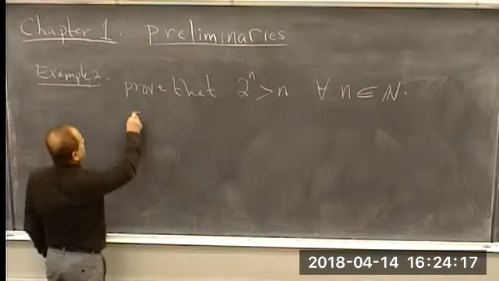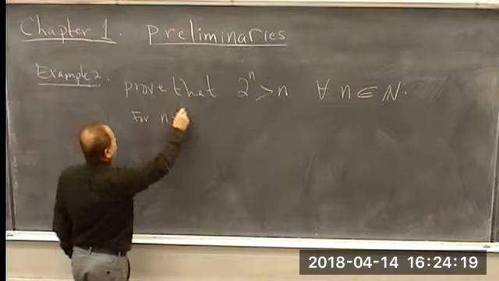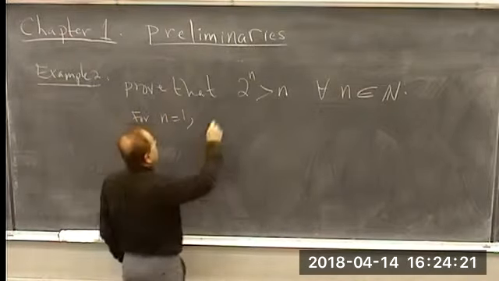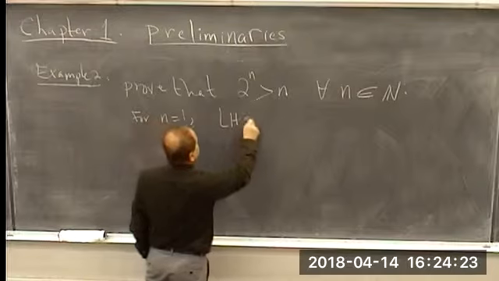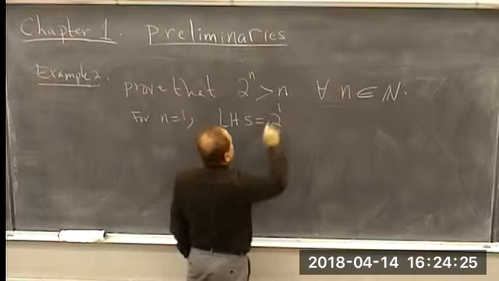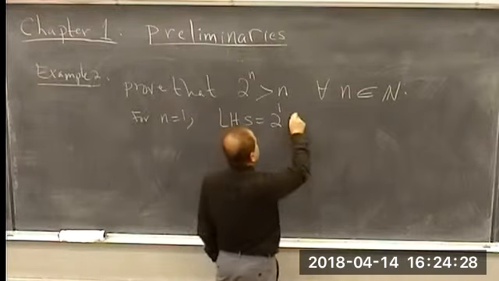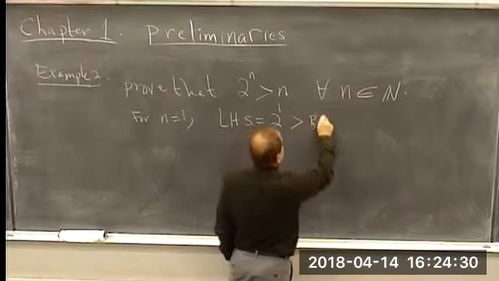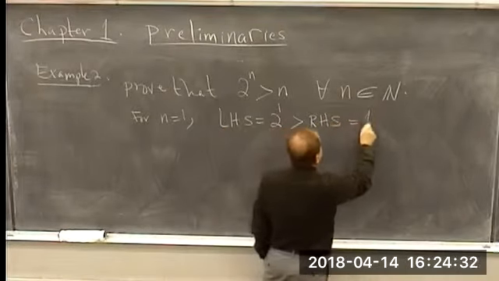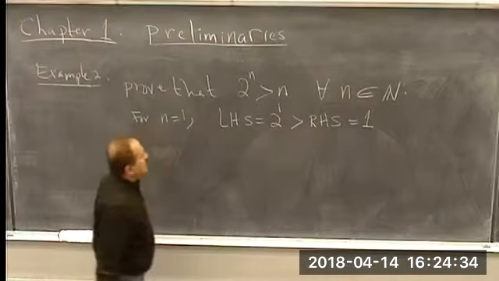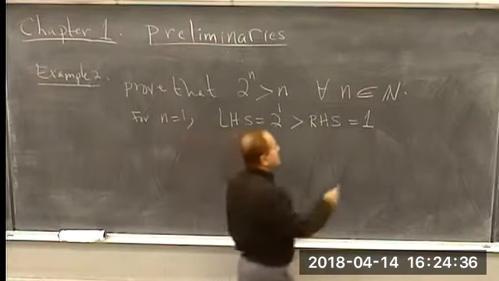So let's look at n equal to 1. The left-hand side is going to be 2 to the power 1, and this is bigger than the right-hand side, which is equal to 1. So the statement is yes, this is true.